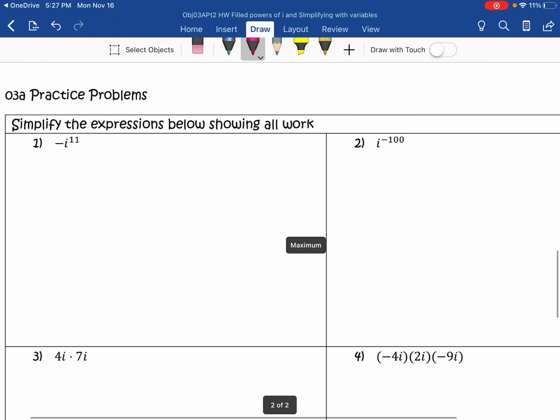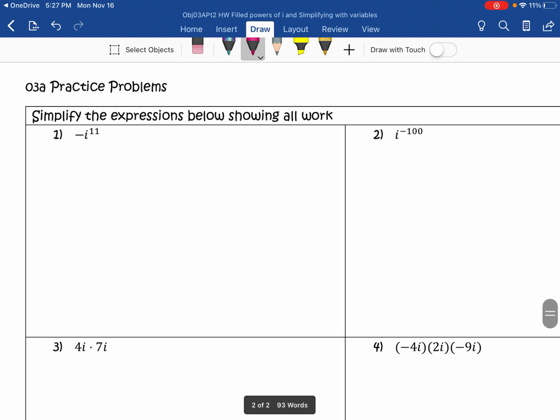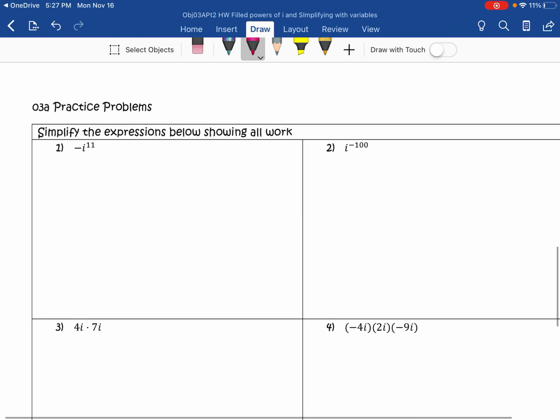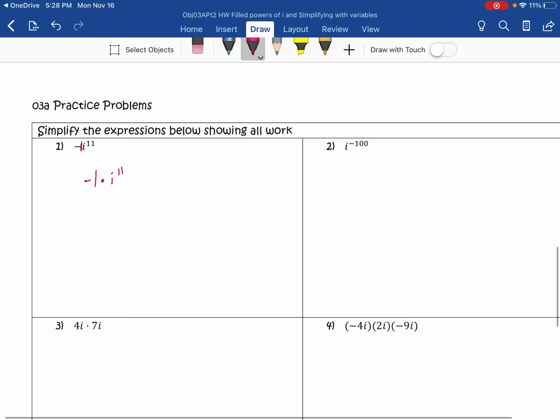Okay, so here are some little bit dicier problems. This first one, the only trick here is that there's a negative 1 here. So this is negative 1 times i to the 11th. And I just remember that I have a negative 1 in my answer somewhere. I still do the same thing. I look at the i to the 11th. So i to the 11th is i to the 10th times i to the 1st. I take my 10, divide by 2, that's going to be 5.